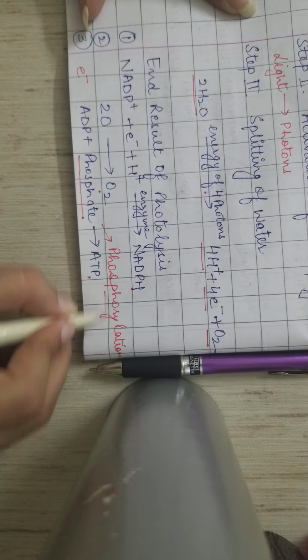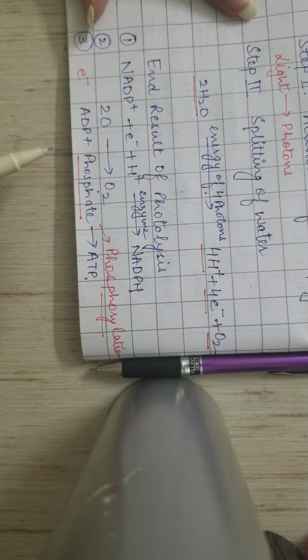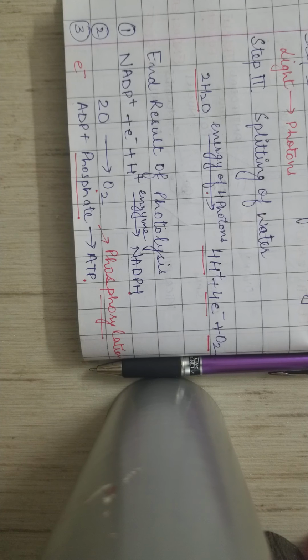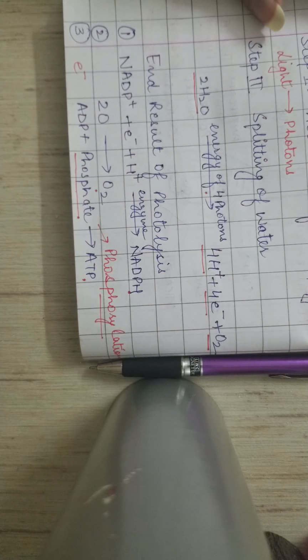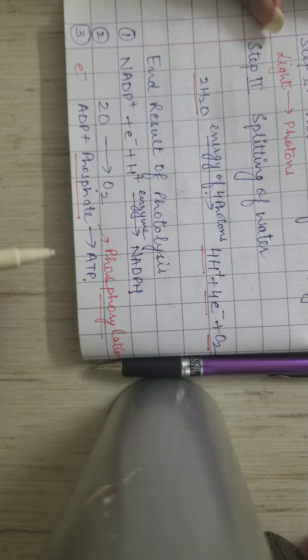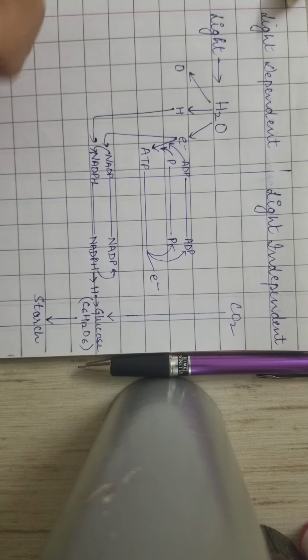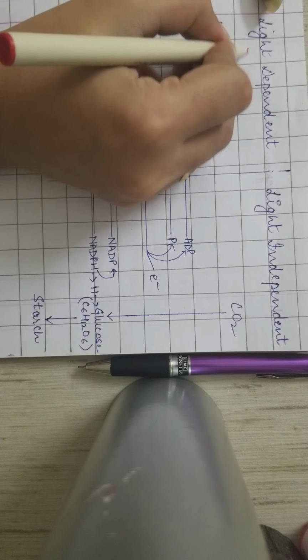The addition of the phosphate group along with the electrons will lead to the conversion of ADP to ATP.